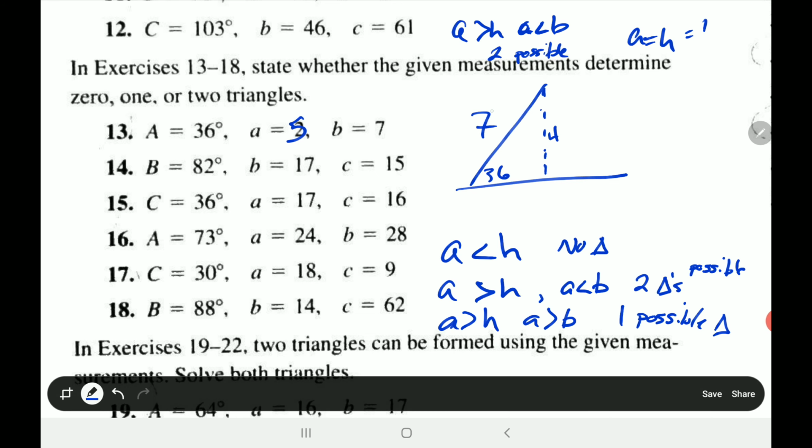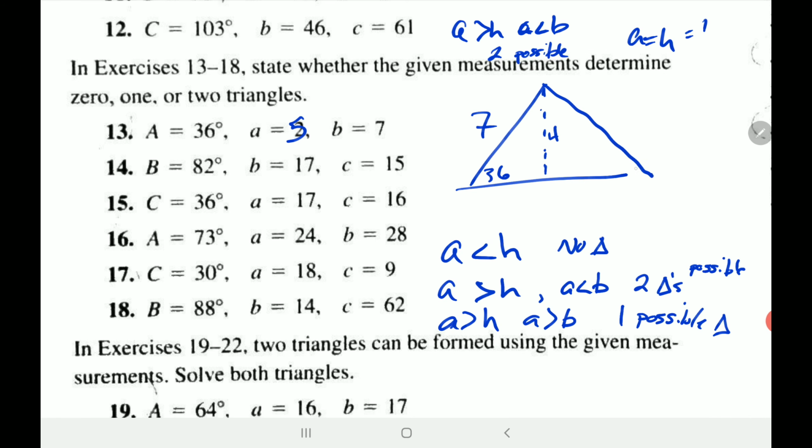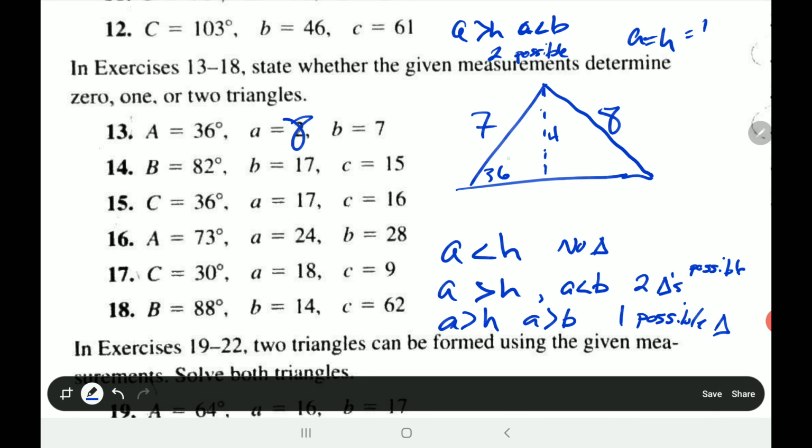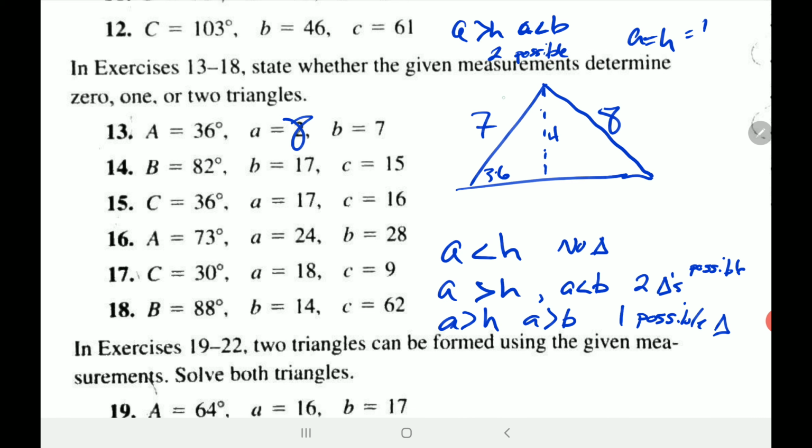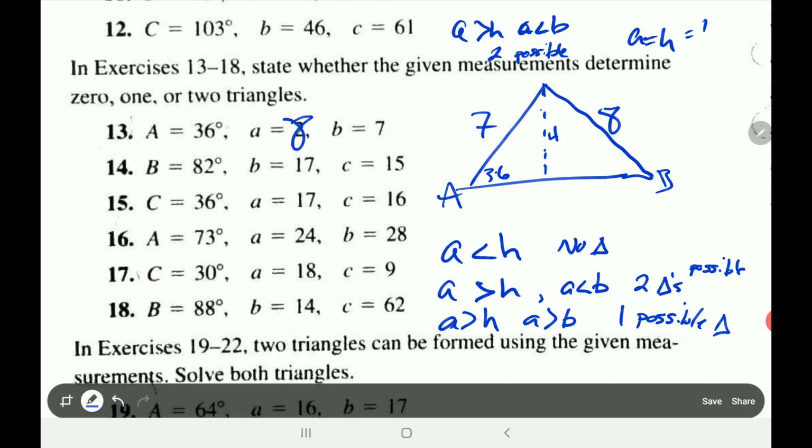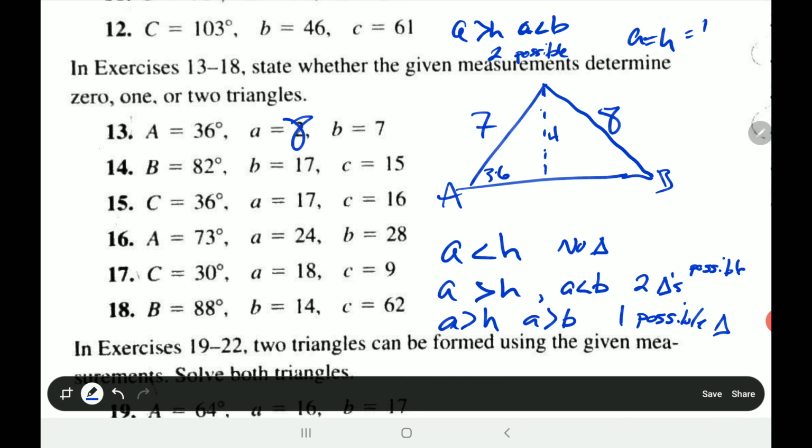Because if it's inside, that's the biggest side, because it would be opposite the obtuse angle. So it would have to be over here if A was 8. Okay, to where now that's a bigger angle than B, and you'll find that angle B here would end up being a smaller angle than angle A. Okay.